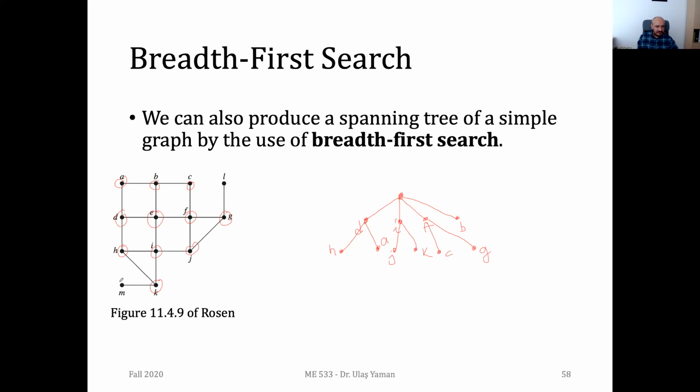So we have an M, which is connected to K. This should be M. And then I have another unvisited node L, which is connected to G. So that's an example of a spanning tree, and we have obtained it using breadth first search. So the aim is to visit all the nodes at that level and then go one more level down, but we don't need to go as deep as possible.